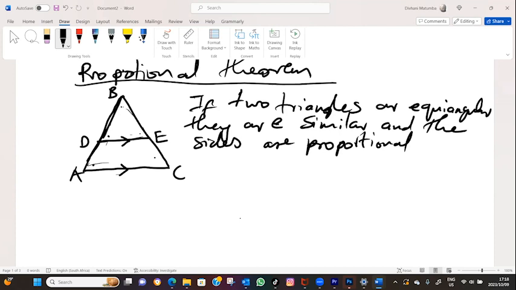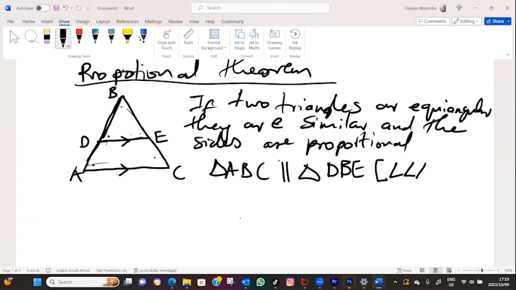Reason: triangle ABC is similar to triangle DBE. Reason: angle, angle, angle. The angles are the same.